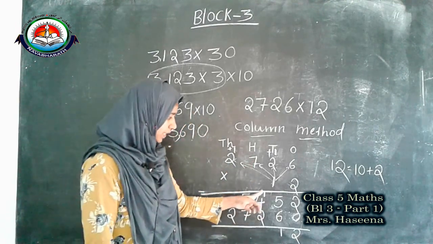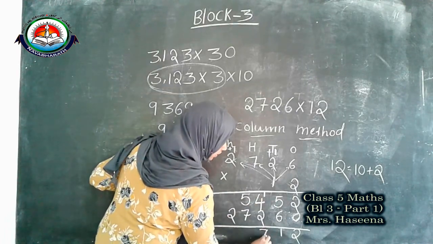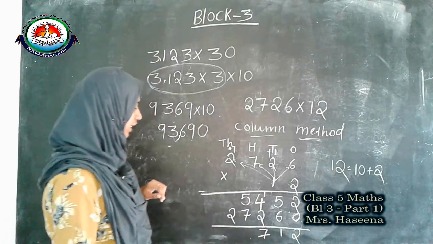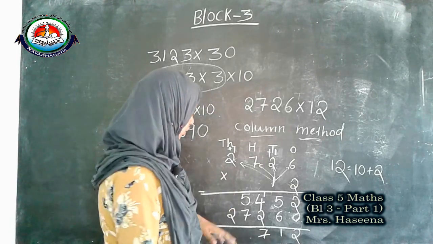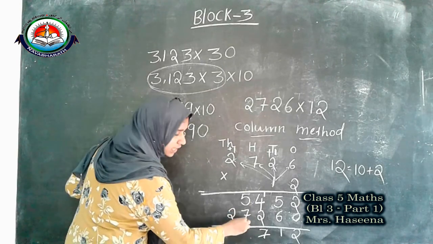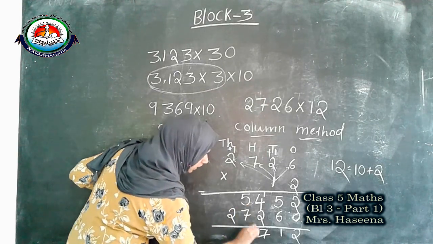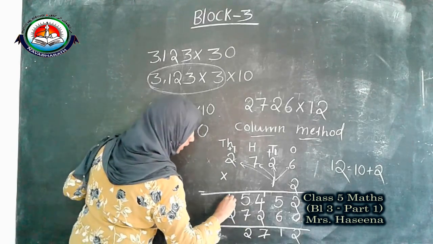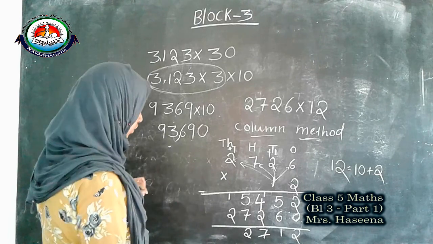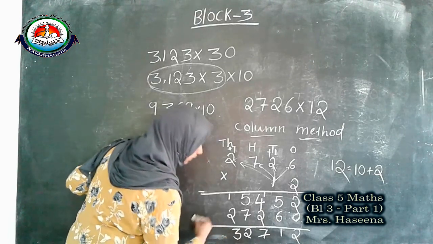Then 4 plus 1, 5. 5 plus 2, 7. Then 5 plus 7, 12. 12, we can write only 2. What is the balance? 1, that is 10,000. Then 2 plus 1, 3.